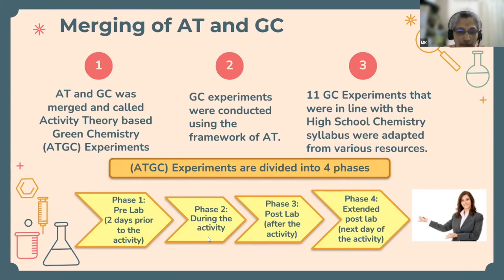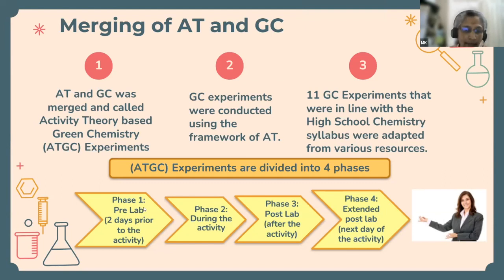Phase 2 is during the activity. Phase 3 is the post-lab after the activity. And phase 4 is the extended post-lab, the next day after the activity, which we conducted on a social media platform. The students were given the option to do it on WhatsApp, and some conducted the phase 4 extended post-lab using Facebook.